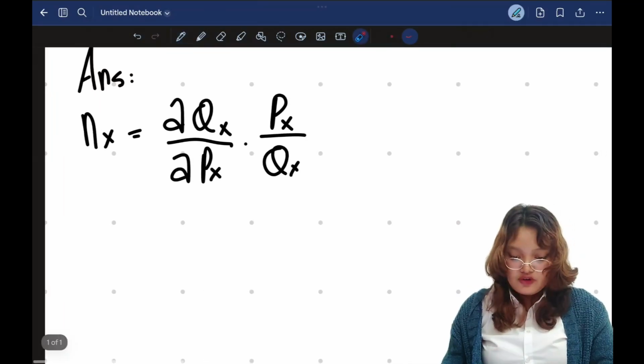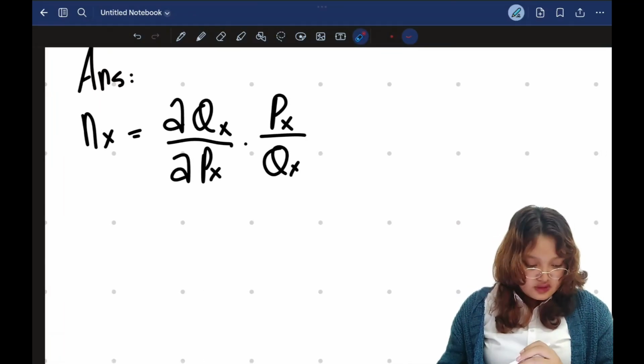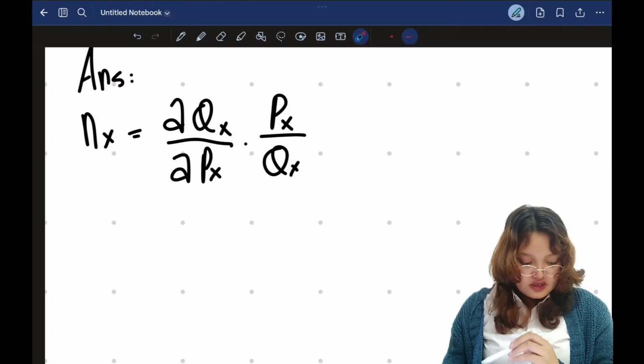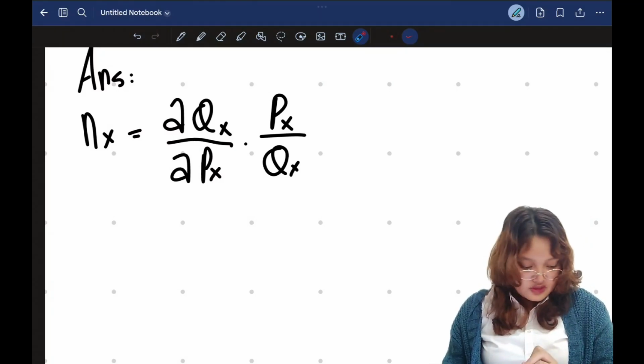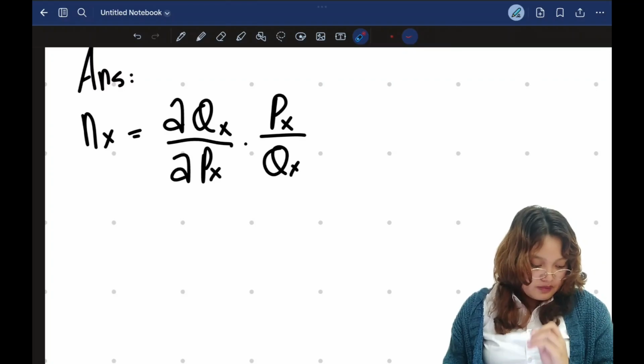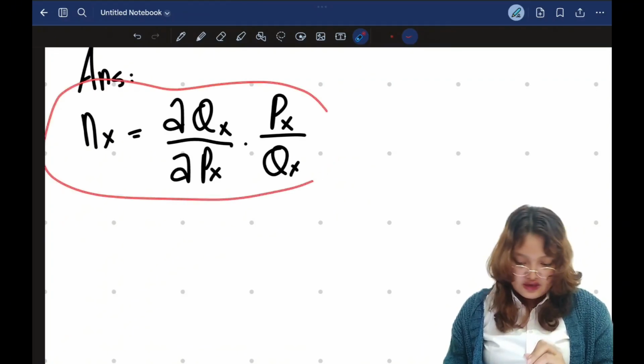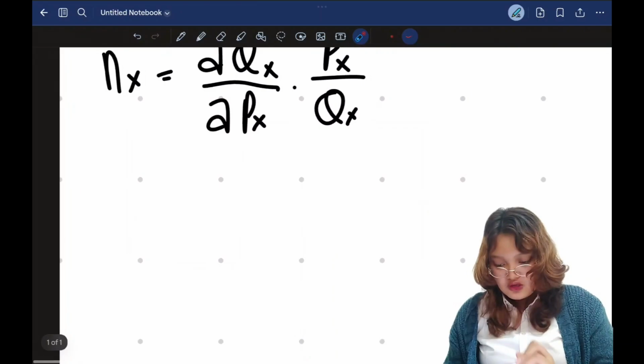So we use the formula of N sub X equals the partial derivative of Q sub X with respect to P sub X times P sub X over Q sub X. We use this formula.